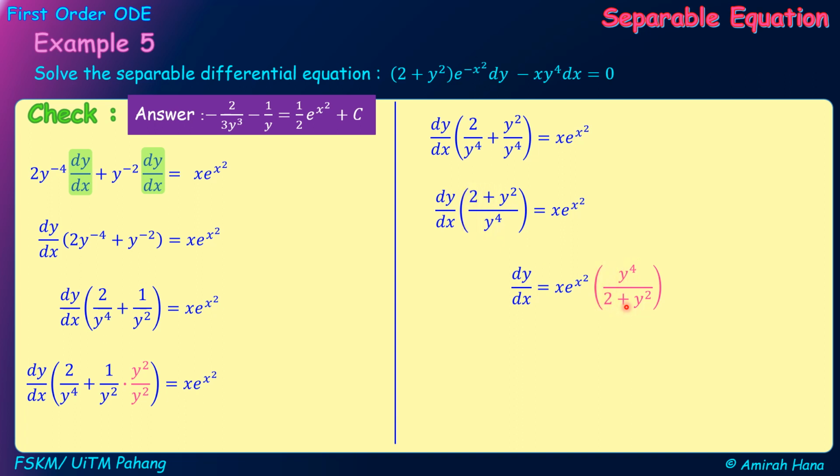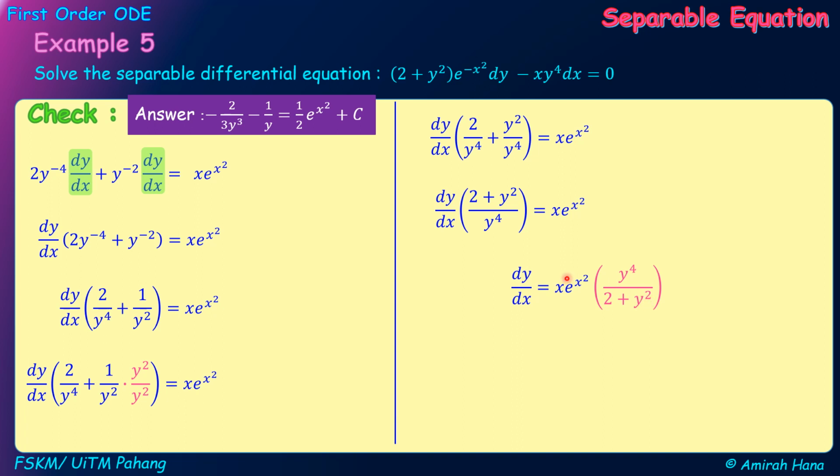Okay. So after that, we multiply x e to the power of x squared by y to the power of 4 only, because x e to the power of x squared here means over 1. So x e to the power of x squared times 1 times y to the power of 4, and then over 1 here times 2 plus y squared.